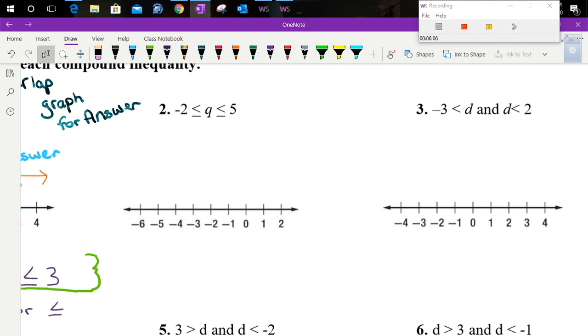All right, so on number 2, I'm going to look at this. We have our variable here that's in the middle. Well, we need to rewrite it so that this part of it is written in the correct order.